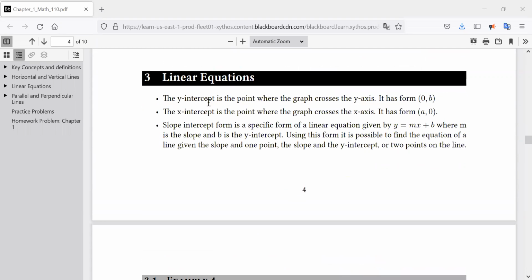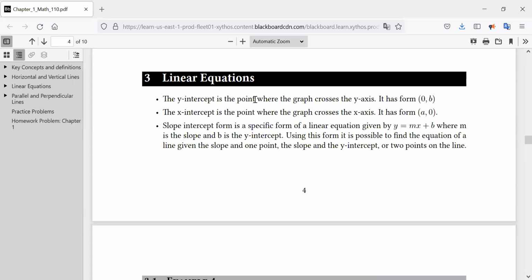So there are a couple of points that we often like that make things nice and easy. One of them is the y-intercept, or the point where it crosses the y-axis. And the other one is the x-intercept, or the point where it crosses the x-axis. And those have these as their forms.